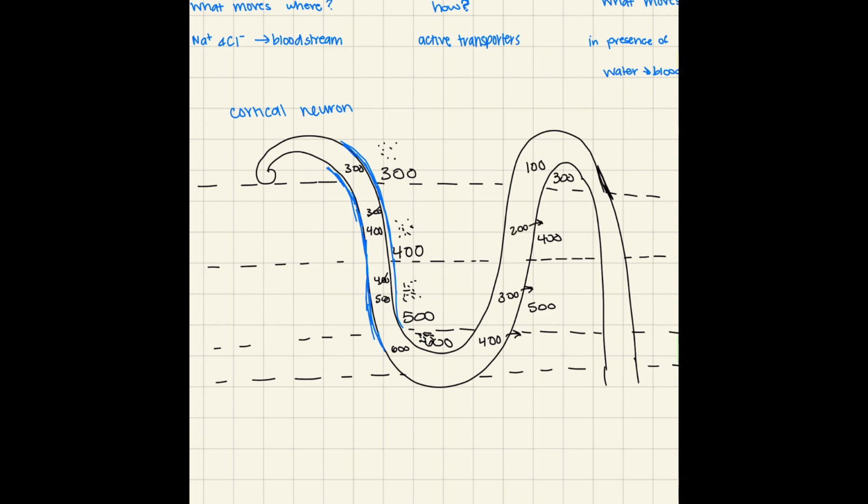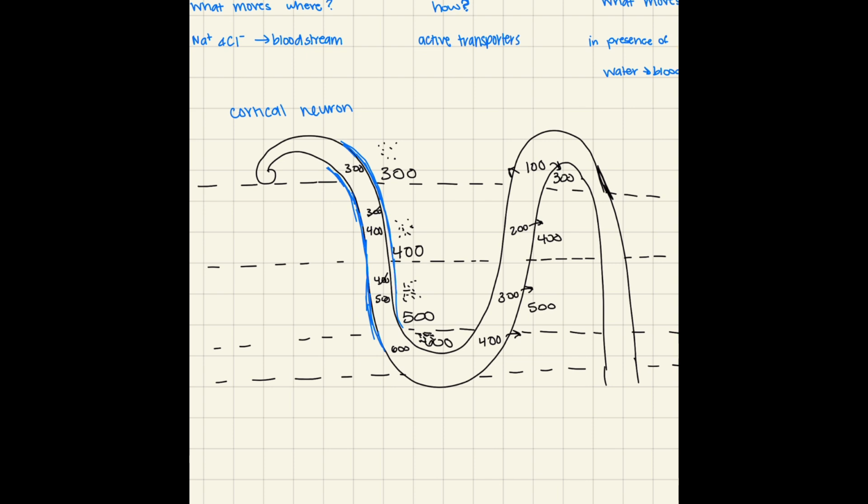And then at 300, we're going to transport to 100, right? And that's why we're able to get urine with an osmolarity of 100 when the outside has a 300 milliosmol concentration, because we're using active transport to shove out those solutes, to give those solutes back to the interstitial fluid, right?